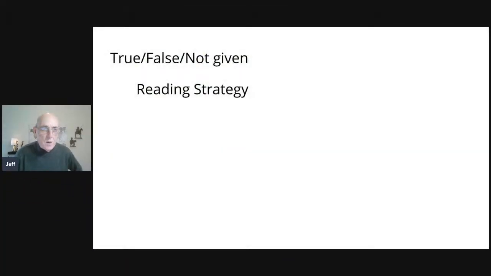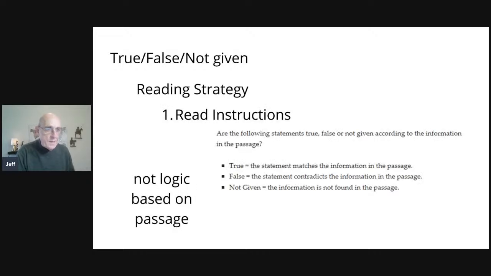And we're talking about true, false, not given, the strategy for this type of reading question. Whenever we begin a question of any type on the IELTS exam, the most important thing to do is to read the instructions and make sure we're aware of exactly what our task is.